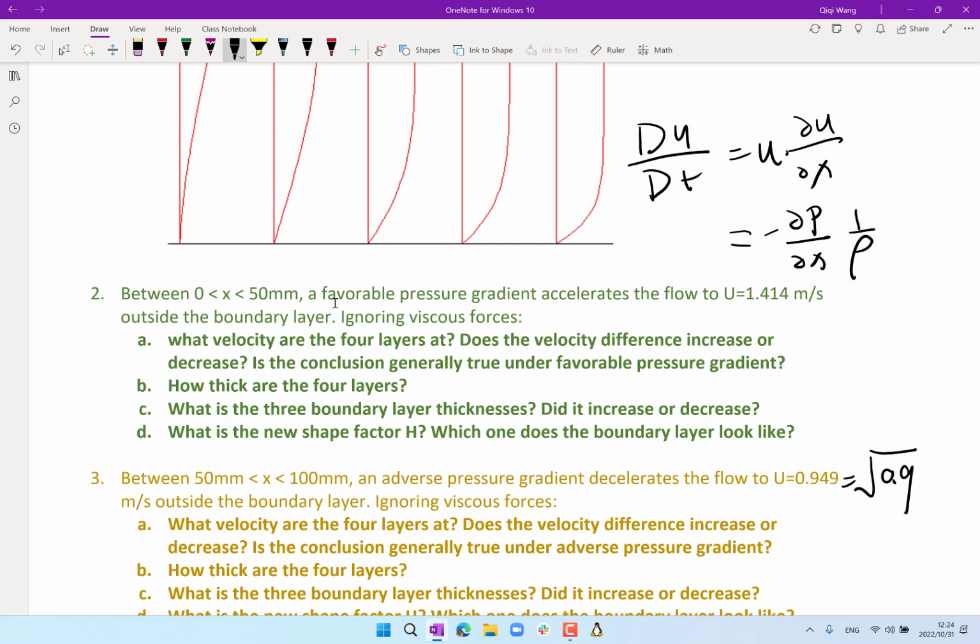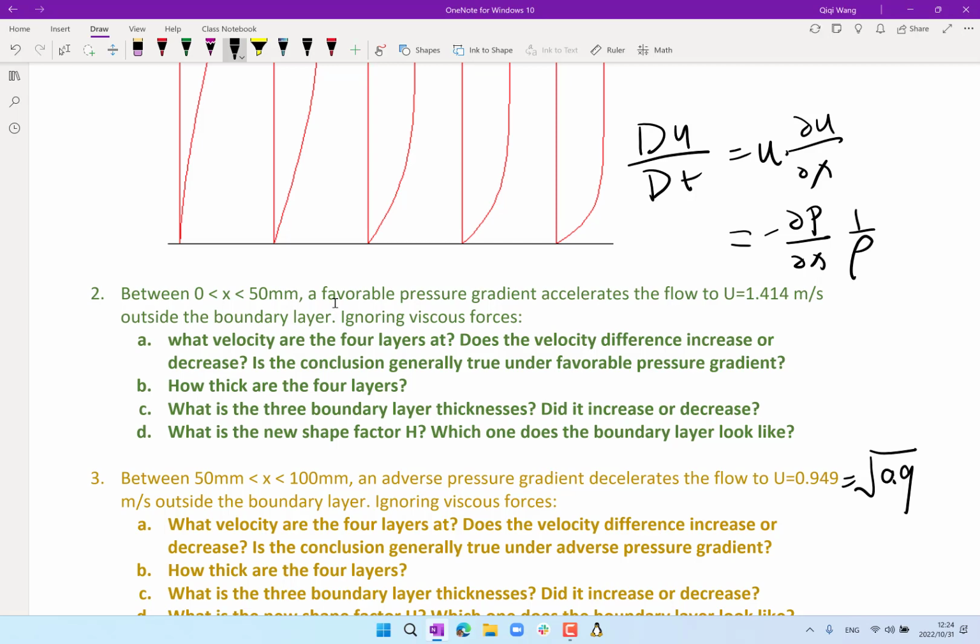For the same right-hand side, would a smaller u or larger u get a larger du/dx? Always, a smaller u gets the larger du/dx for the same pressure acceleration, right?